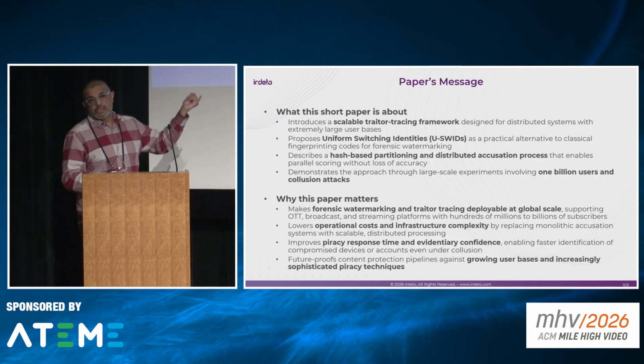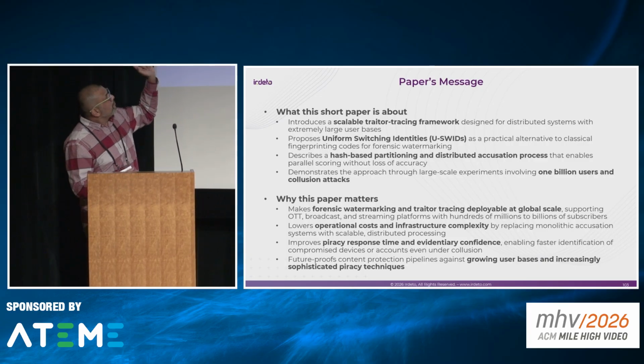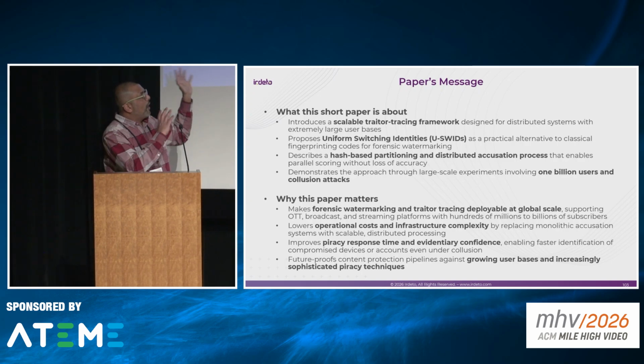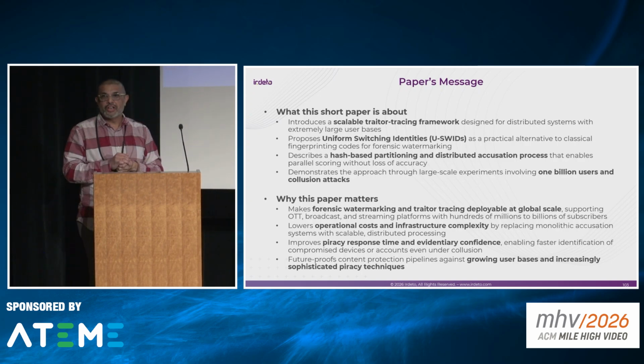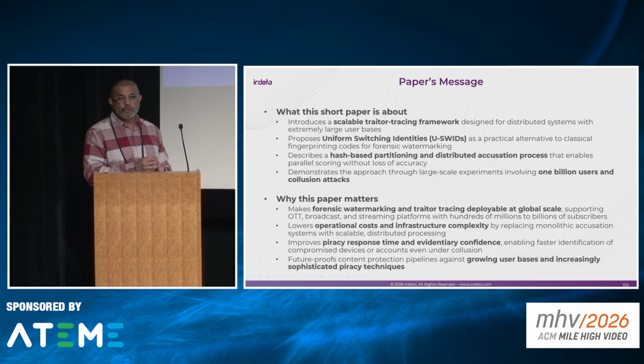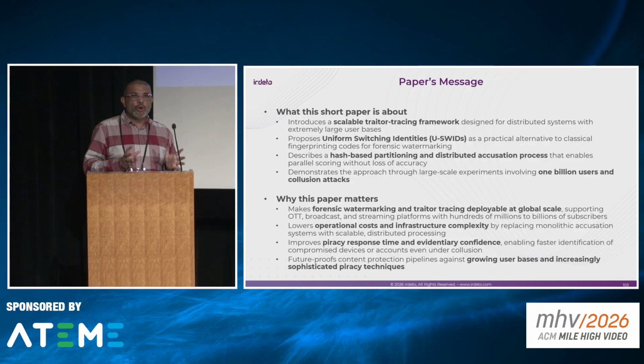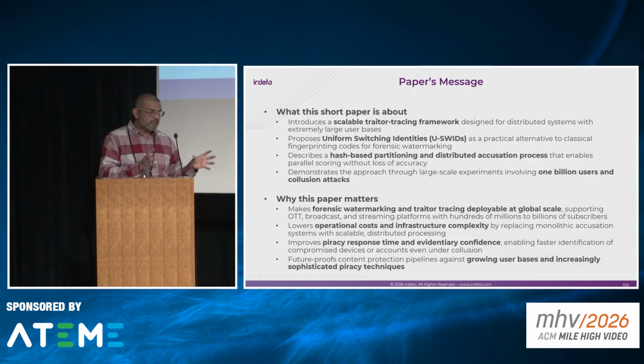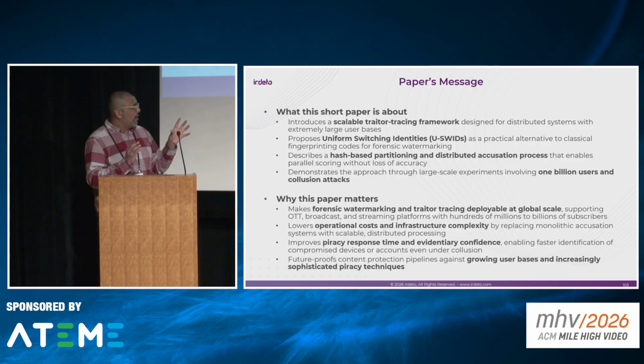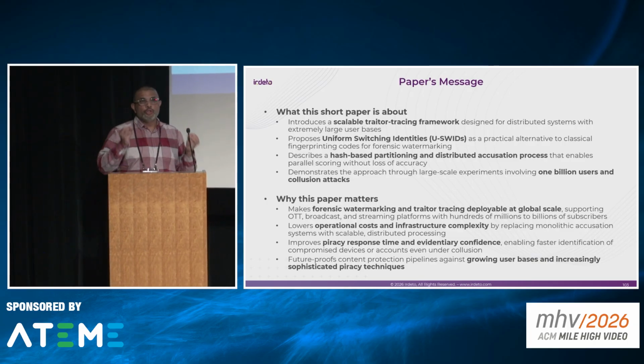So I will show some results where, while we are going from some of these classical methods to a simpler uniform method, we still wanted to make sure that the system remains bulletproof against collusion attacks.